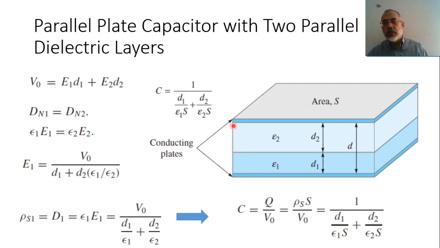And the capacitor related to the second dielectric is epsilon 2 multiplied by the surface area over D2. So when these two capacitors are connected in series, the total capacitance equals 1 over C1 plus 1 over C2. Okay? And this is the rule of connecting capacitors in series.